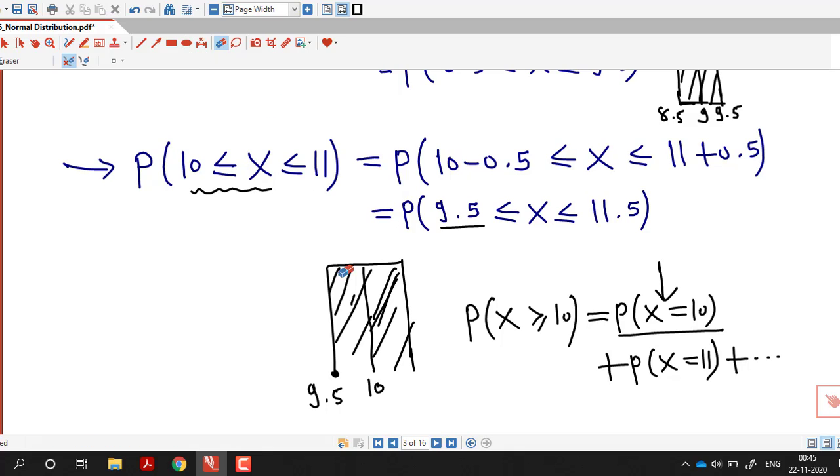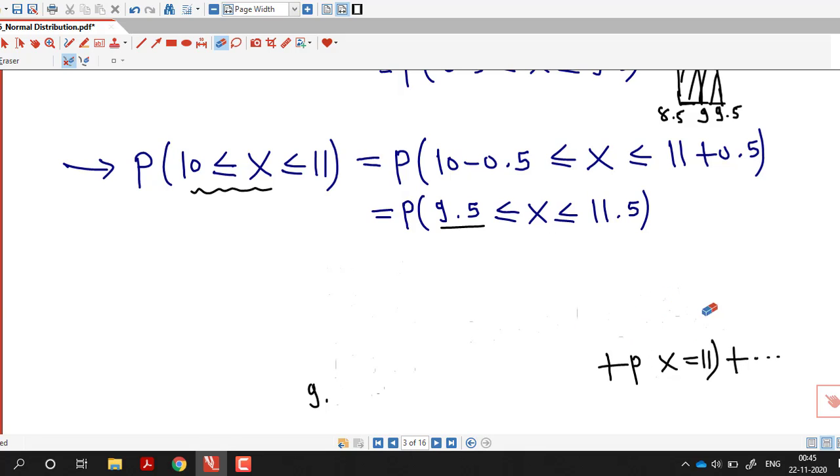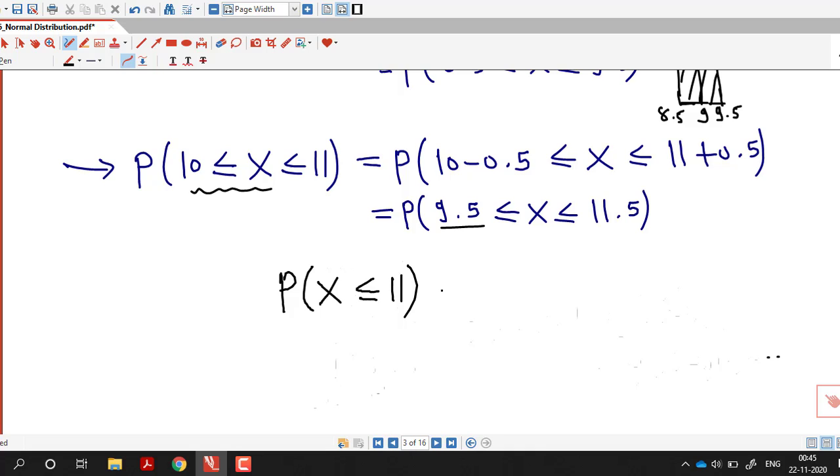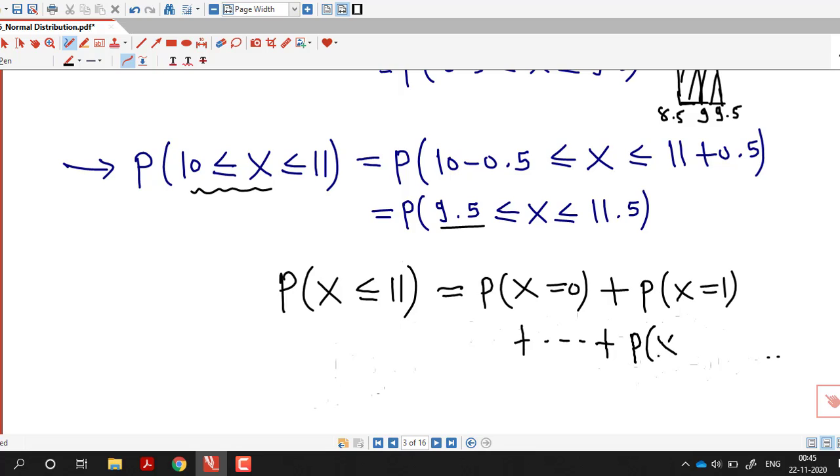Similarly, the probability that X is less than or equal to 11. So we have to start from the probability that X is less than or equal to 11, which is nothing but the probability starting from 0 up to the probability that X equal to 11.